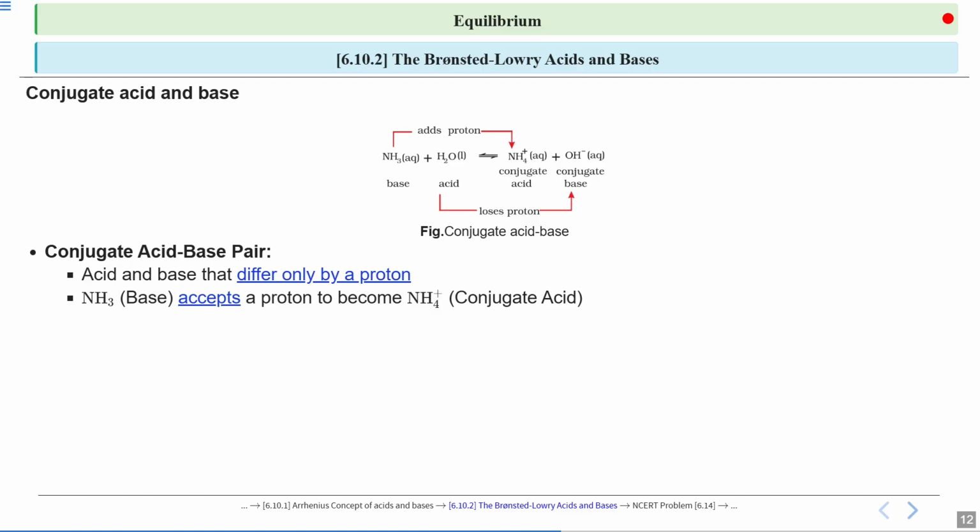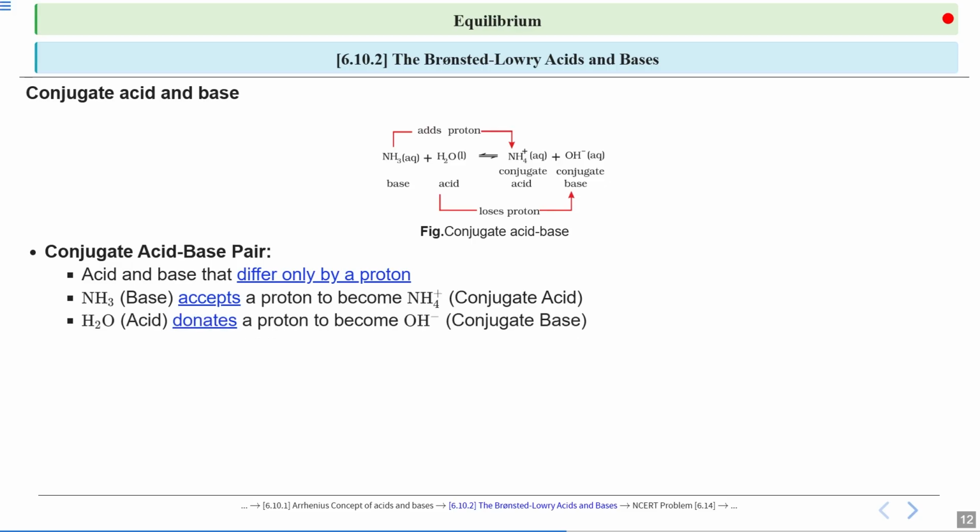So you can say that this ammonia and this ammonium ion are a conjugate acid base pair, in which the basic part is played by ammonia, and the acid part is played by the ammonium ion, because NH3 is accepting the H plus and NH4 plus is donating the H plus. Is it clear? This is very, very important to understand.